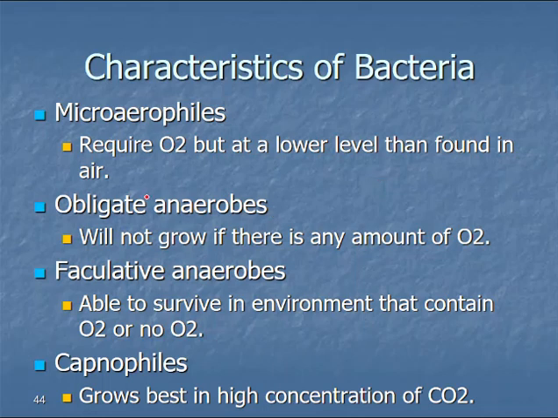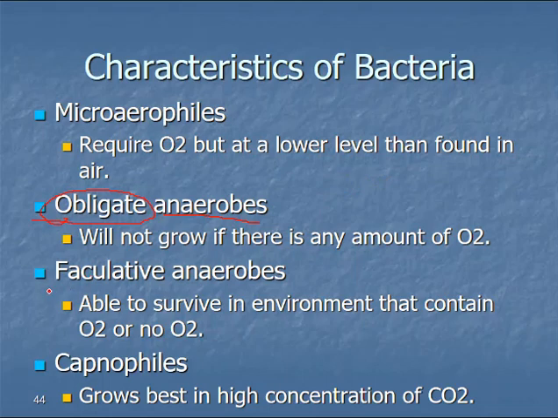And then we've got obligate anaerobes, meaning that they will not grow with any amount of oxygen. So they are obligated to be anaerobic. So they do not have a choice. They're totally anaerobic no matter what.